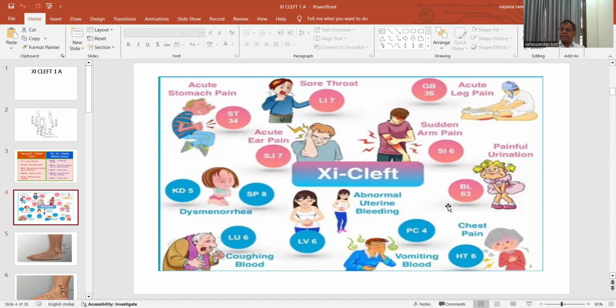When there is pronounced stiffness and the patient is not able to walk properly, apply bladder 59 in combination with bladder 62.